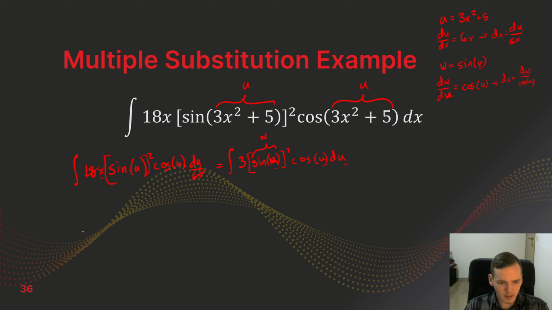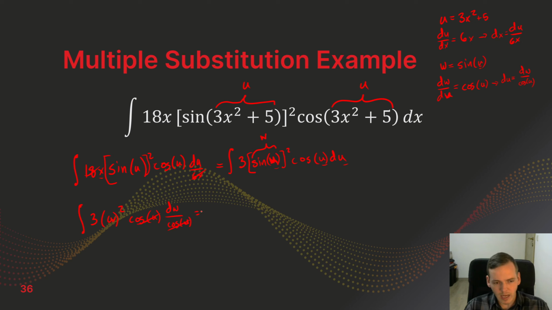Plug those in, and we get 3 times w squared, times cosine of u, times dw over cosine of u.